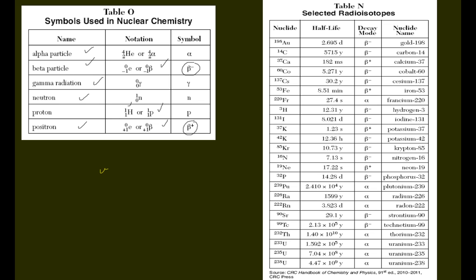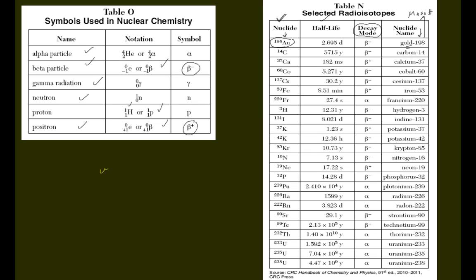On the other side, on Table N, the first column gives you the radioactive isotope, otherwise known as a nuclide, which is the radioactive version of an element, and the nuclide name. So if you're gold 198, your name would be gold-198. That is the mass number. Don't forget, it's important. Half-life we'll get to later on, but the decay mode is an important thing. This is the particle that this element would give off.